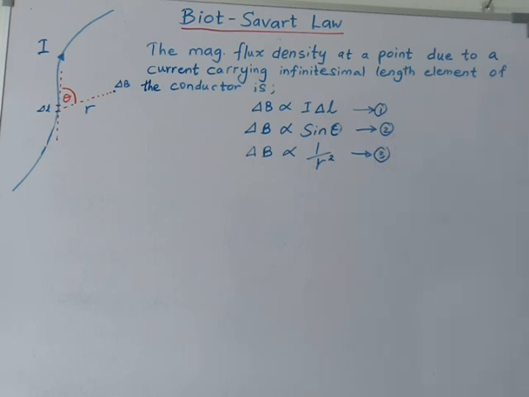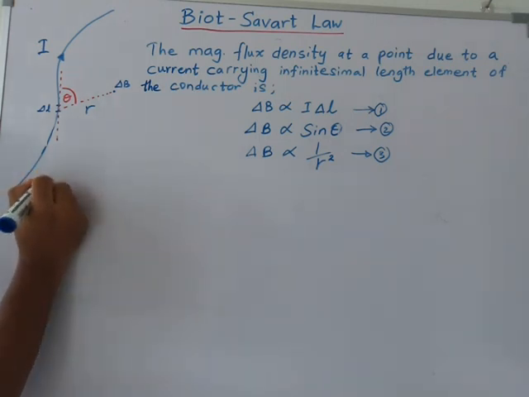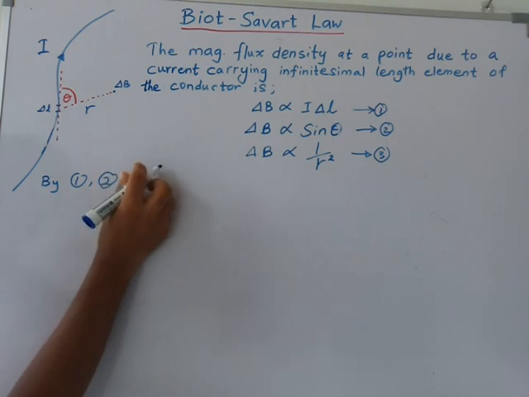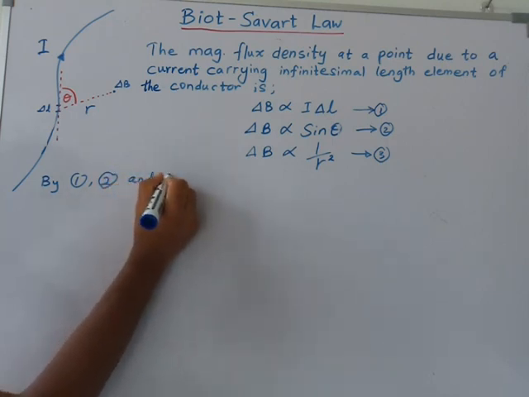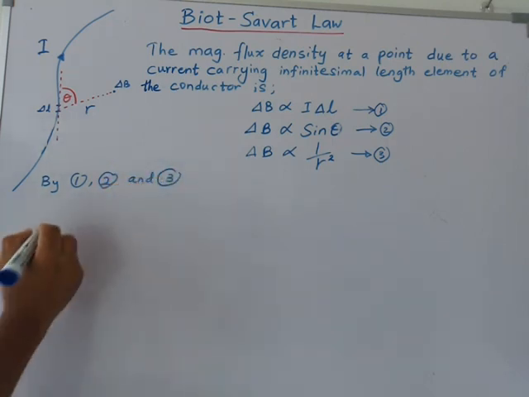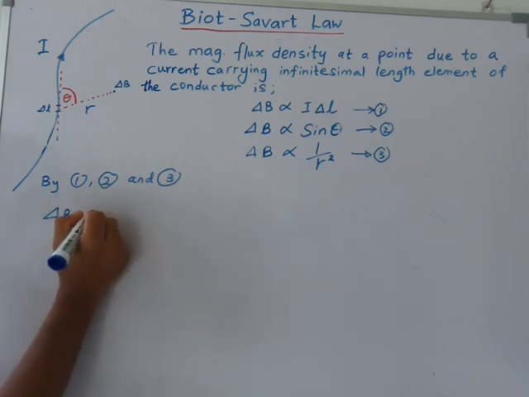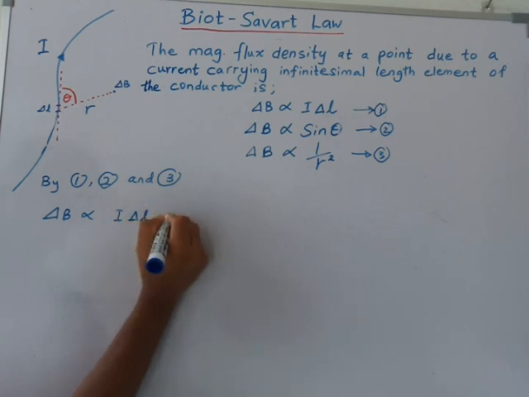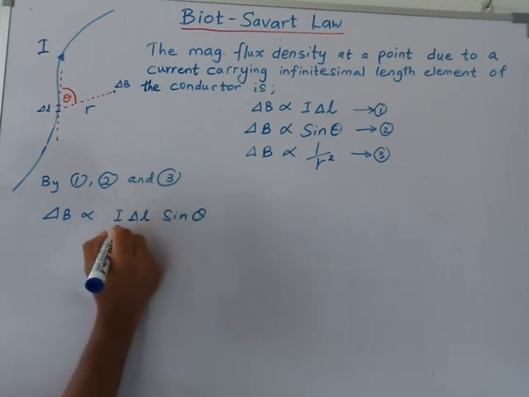Now by combining equations 1, 2 and 3, I can write delta B is proportional to I delta L sine theta over R squared.